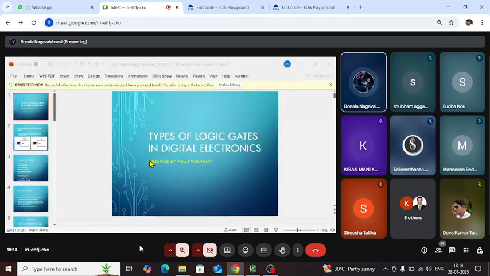It has inputs A, B, C, D. A and B go to one AND gate, then output Y1 equals AB. C and D go to a second AND gate, then output Y2 equals CD. Y1 and Y2 are connected to another AND gate. Then output Y equals ABCD. This is an AND gate example.